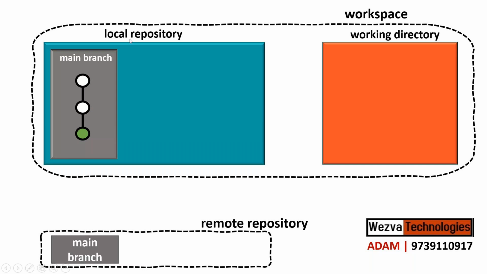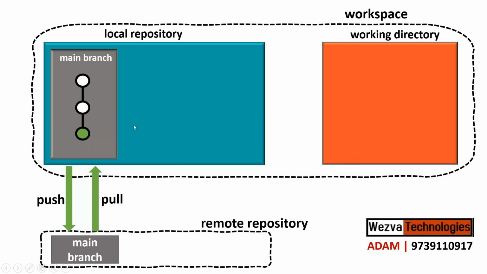Remember this: the pull and push operations that we were doing happen from the same branch of your local repository to the same branch of the remote repository. So this is what we did: we created a repository which had a default branch.